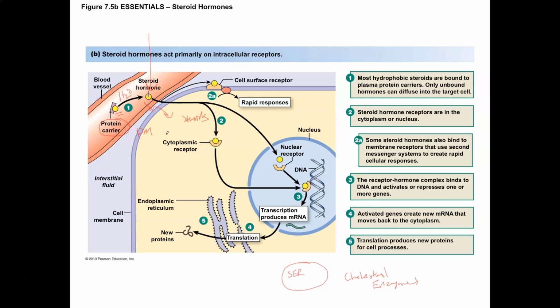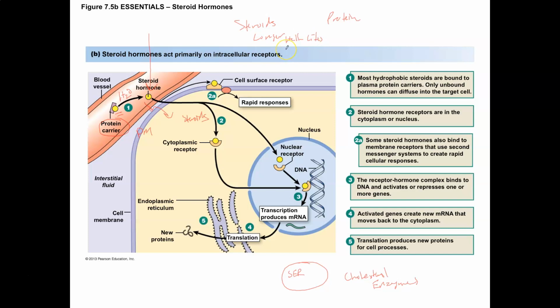Because steroids utilize carrier proteins, it's actually going to protect them from enzymatic degradation. That actually means that steroids will have longer half-lives. So if we were to analyze steroids versus just protein-based hormones, steroids are going to have longer half-lives than your protein-based ones.